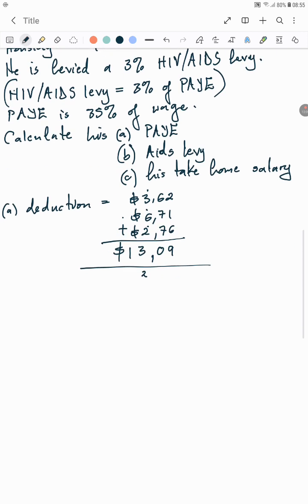So to find the taxable income, we have to remove these deductions, because they are being taken out before tax is calculated. So we're going to subtract that from 572.